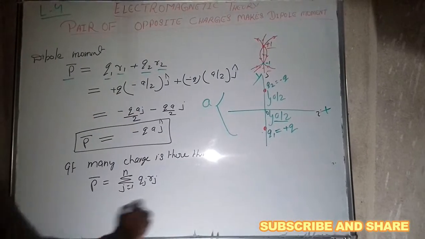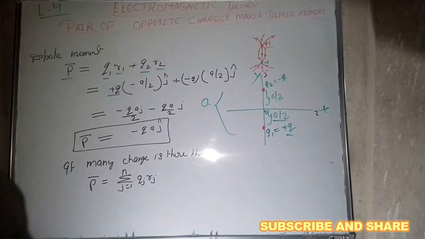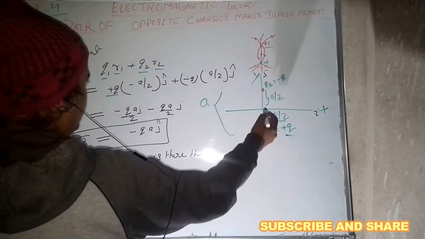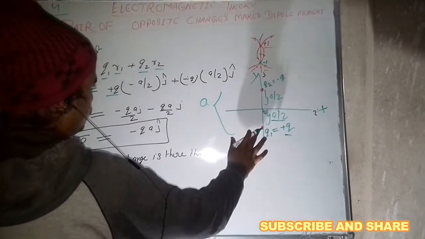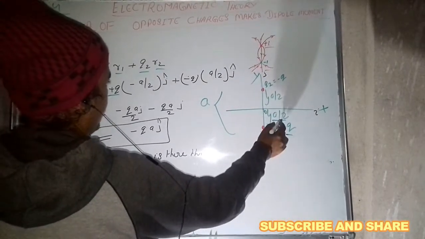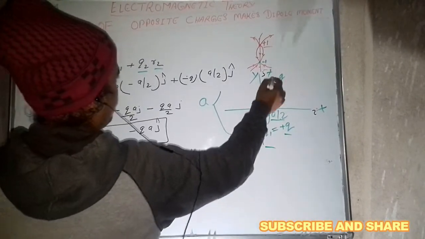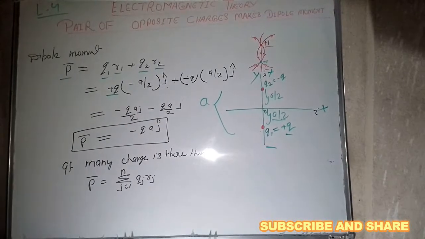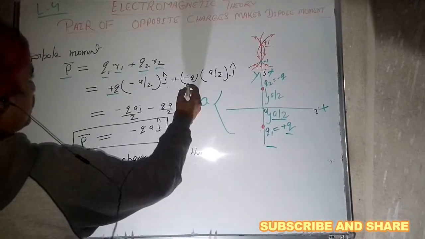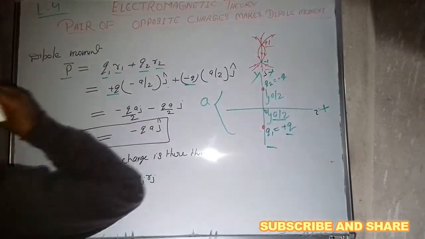Q1 is plus Q, and the distance of charge Q1 from the origin is a by 2, but in the negative direction. This is the negative direction, this is the positive direction. It means minus a by 2 j. Same way, Q2 is equal to minus Q, and the distance is a by 2.